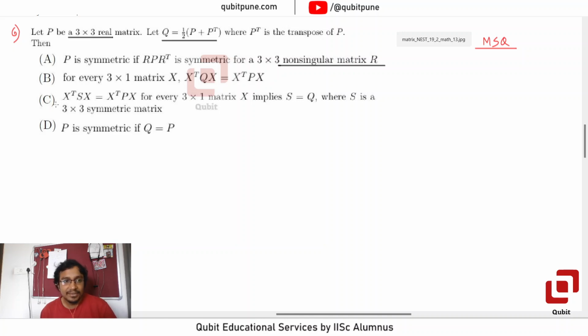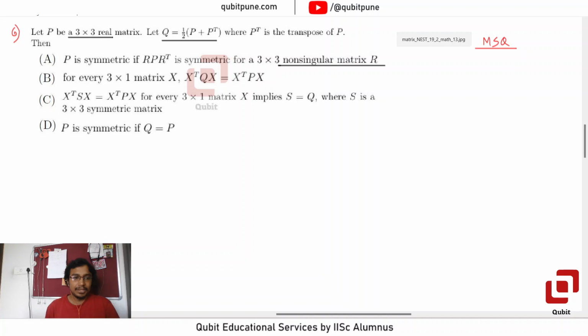C, X transposed SX is equal to X transposed PX for every 3 by 1 matrix X implies S equals Q, where S is a 3 by 3 symmetric matrix. D, P is symmetric if Q is equal to P.